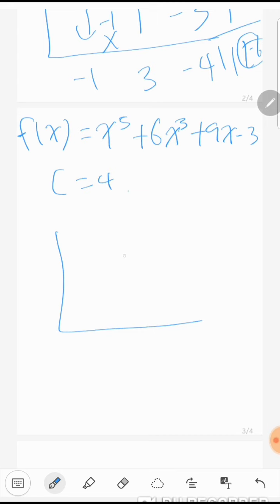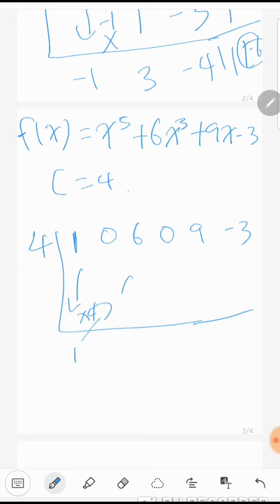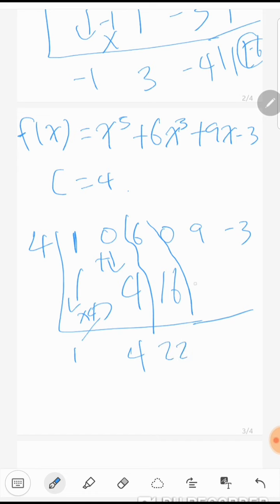So x to the 5th power 1, and then no 4th power, so that's 0. 3rd power, 2nd power, no 2nd power, 1st power, and just the number -3. So we put 4 here, that comes down 1, and then multiply it by 4, that's 4. And then we add that together, so that's 4, and then we multiply it again, 16. Add that.